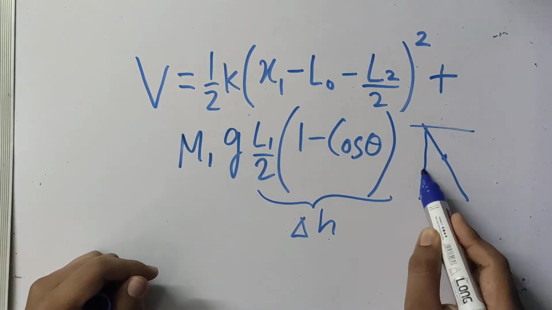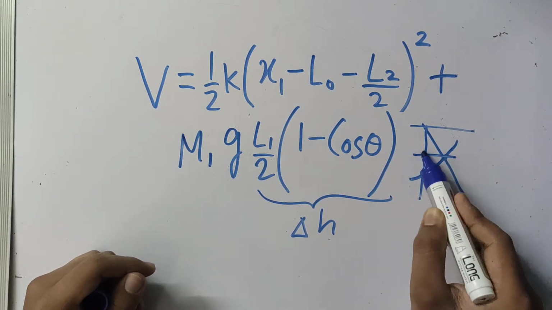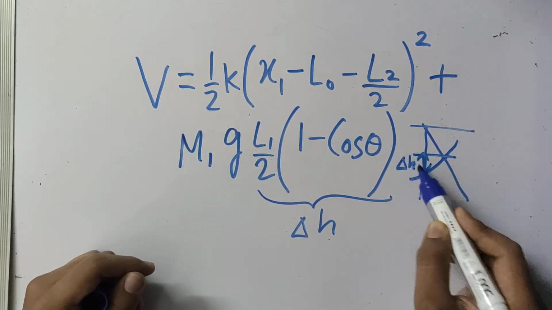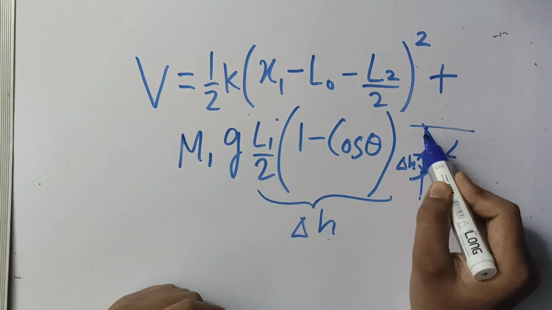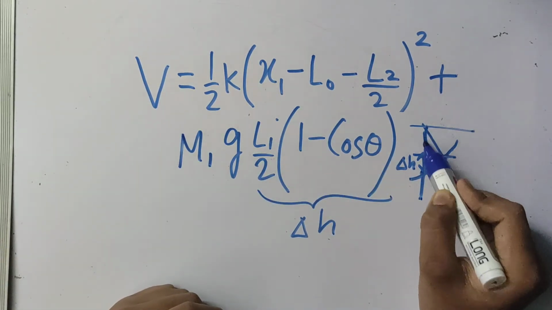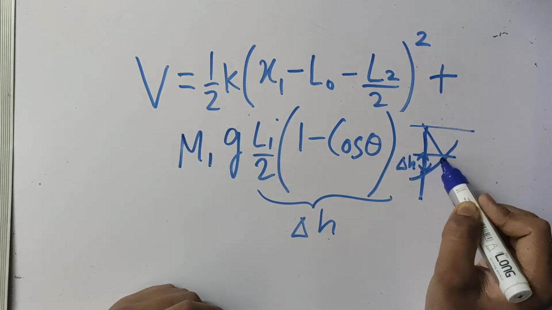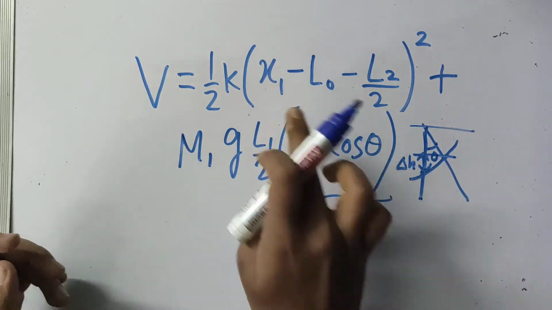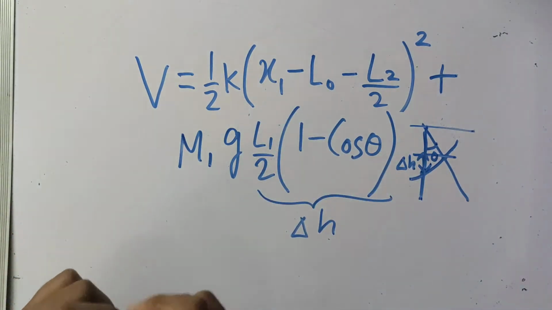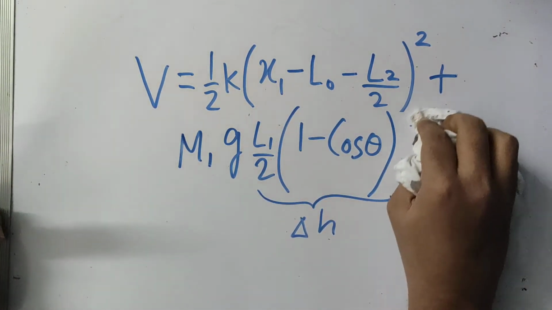This is the equilibrium position. So this is the change in height, which I'm calling del H. And this quantity turns out to be L1 by 2 into (1 minus cos theta), because the length of the rod is L1, so this term is L1 by 2, and I took this angle as theta. So subsequently you get this expression as the potential energy due to the mass of the rod.